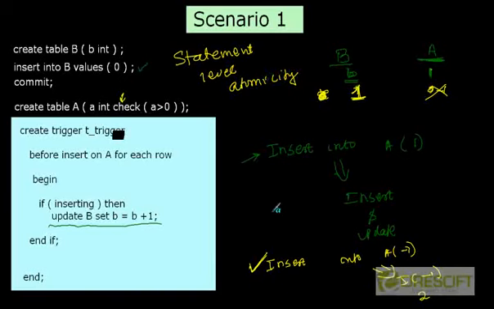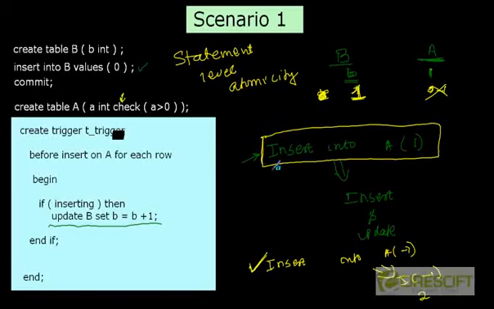The key point here is that this statement generates one more additional statement, the update, because of the trigger. If the insert is successful, then only the update is also going to be done. But if for whatever reason the insert fails, then the update is going to be rolled back.